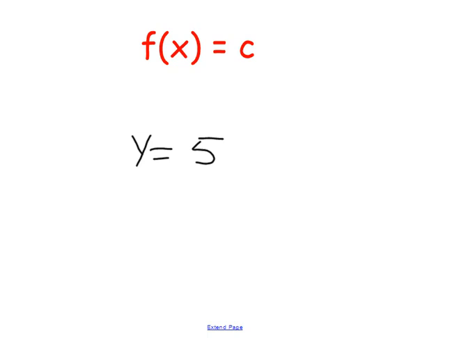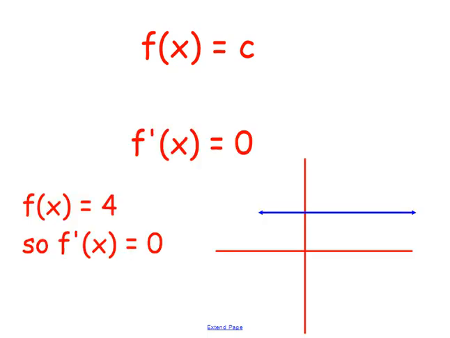Horizontal, not vertical, horizontal. y is 5, negative 3, 5, 2, 5, 8, 5, 0, 5. Horizontal line. What's the slope of that horizontal line? 0. And so the derivative of a constant is always 0, because it's a horizontal line, regardless of where it is.